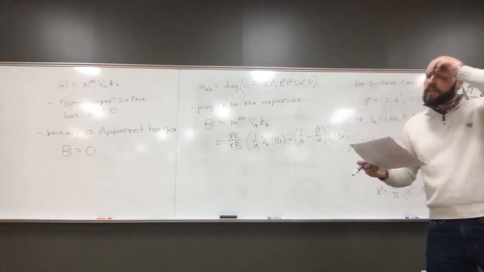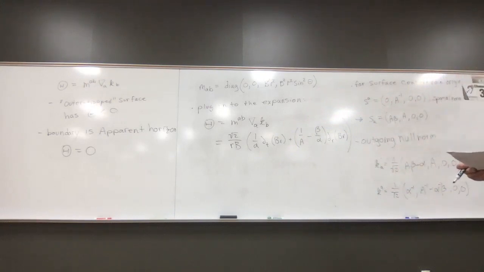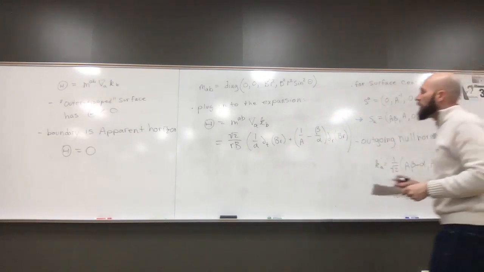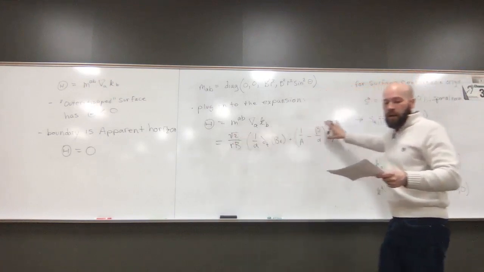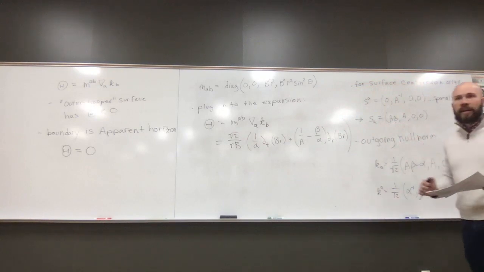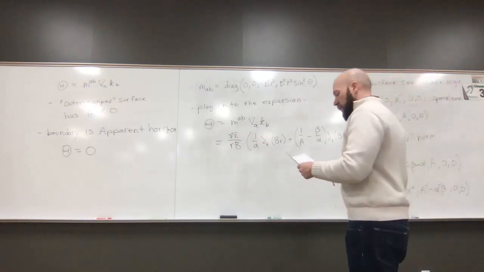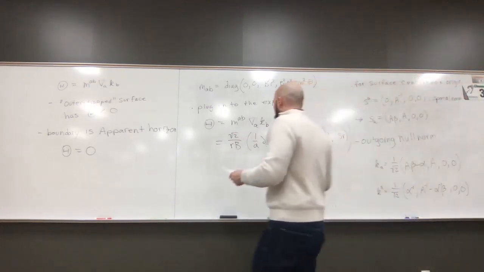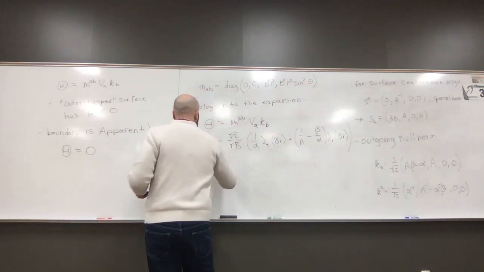This is not particularly enlightening, right? But it turns out that this is related to the rate of change of the areal radius. Remember when we talked about the areal radius related to black holes? Those are essentially that radius that gives you the area of the surface of the black hole. Okay? And so that actually makes this somewhat useful.